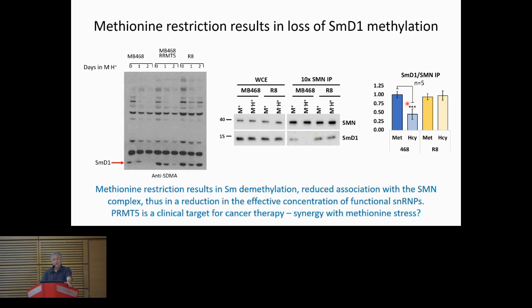That is quantitated here. So the data shows that methionine stress somehow interferes with the efficiency of PRMT5 in the context of the cancer cells, and only in the cancer cells because the resistant cells do not do that. So this methionine diet specifically targets the methylation of the SM rings within the context of the cancer cells.